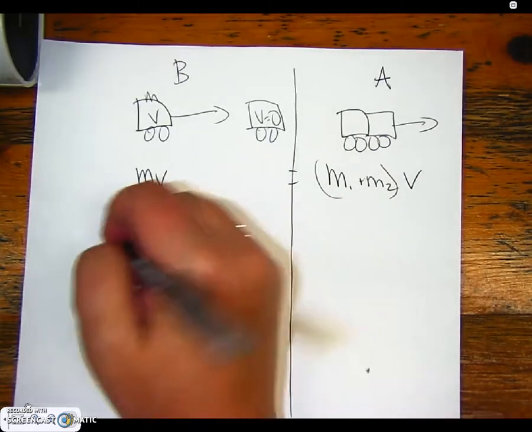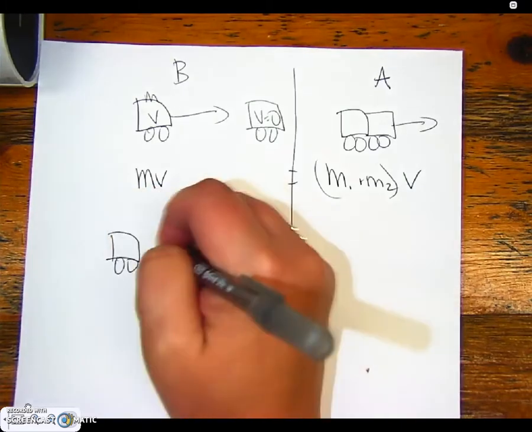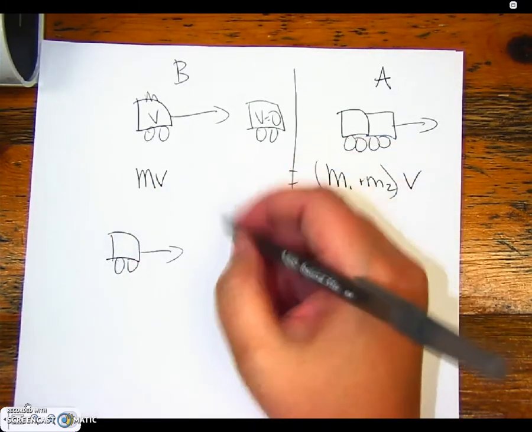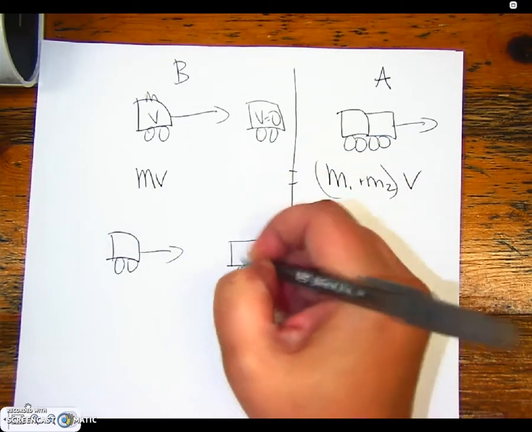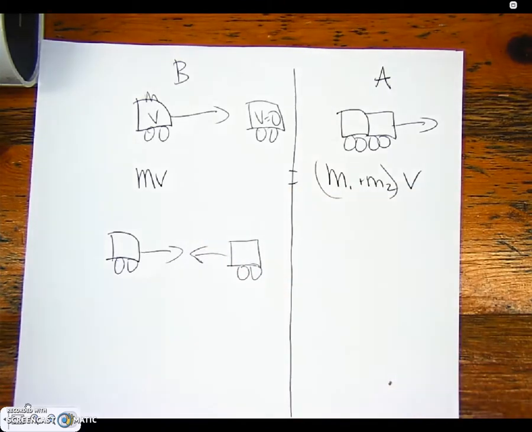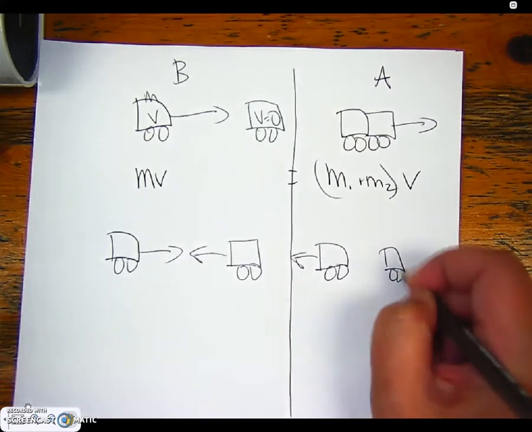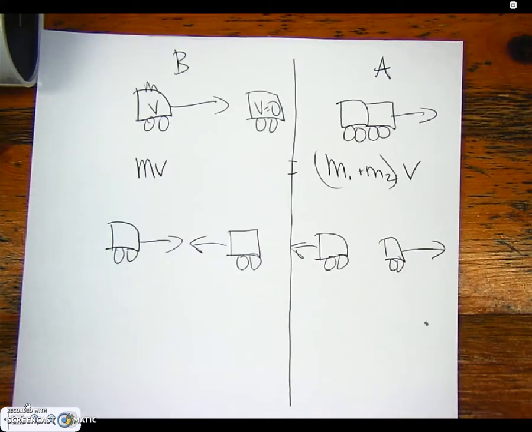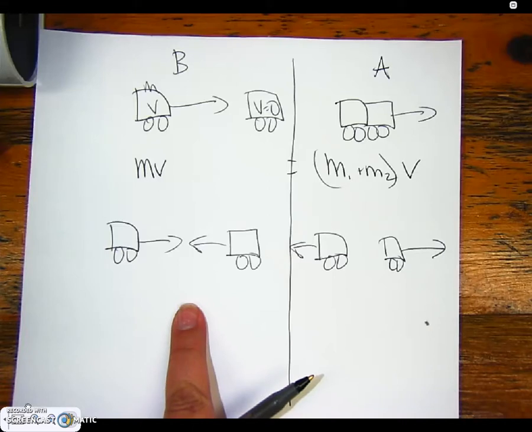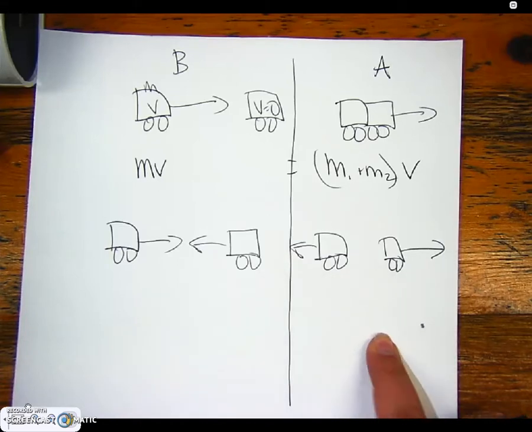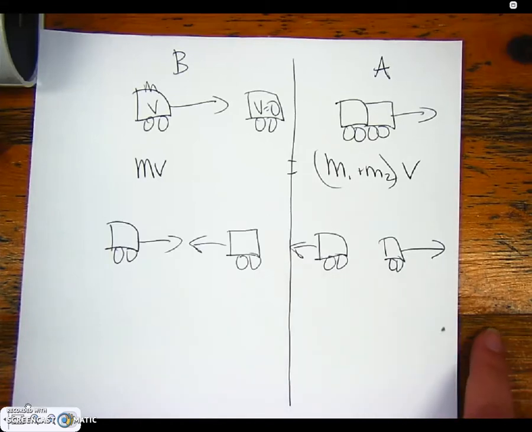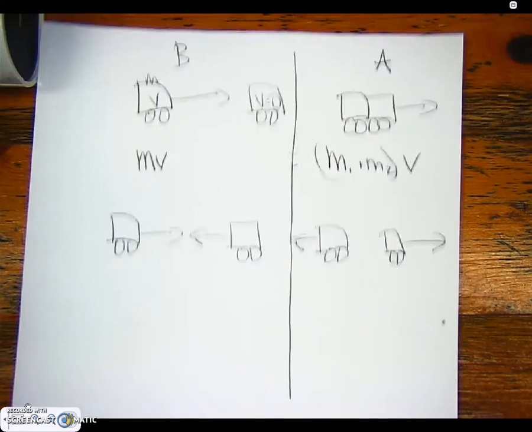Let's say they bounce off one another. So here this guy comes along, and this one is moving in this direction, and they hit each other and they bounce in opposite directions. One goes this way, another goes this way. So at the beginning I have two objects that have momentum, at the end I have two objects that have momentum. And they are going in opposite directions, so that's where we have to pull back that idea that momentum is a vector.